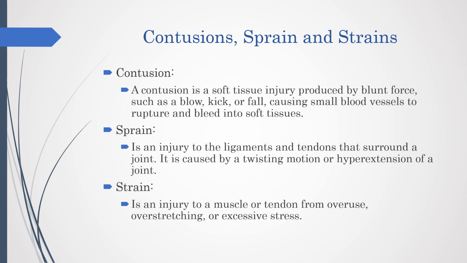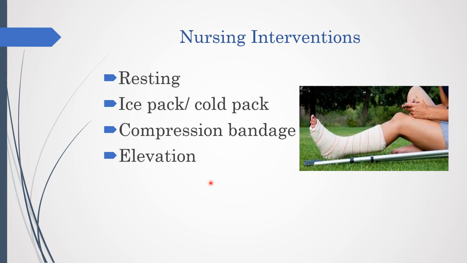to the muscle. The treatment of contusions, strains, and sprains is driven by severity of the injury and consists of protecting from further injury, elevating the affected part, applying cold, and using a compression bandage.